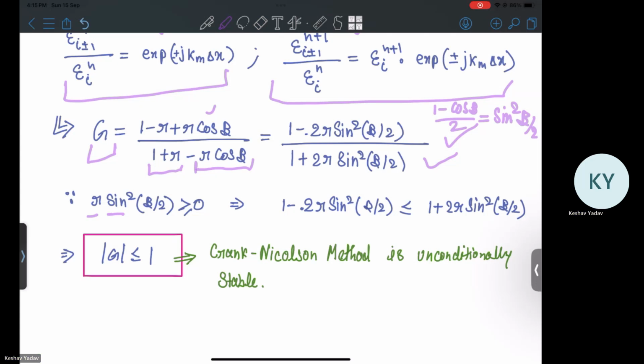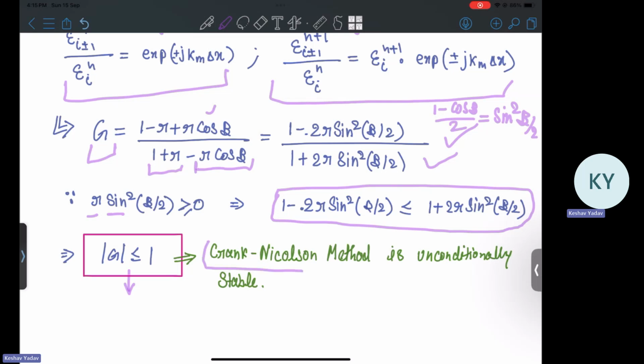So I am subtracting some positive number from 1, and then the same positive number I am adding to 1 and then dividing it. So this term will always be less than this. Okay, means what? Modulus of G will always be less than or equal to 1.